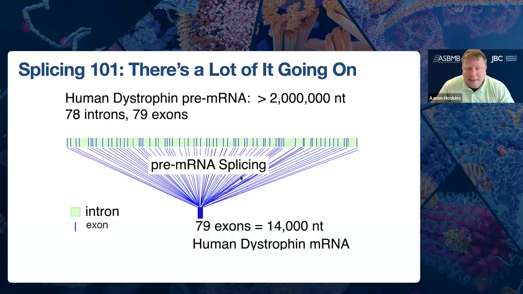However, the spliced messenger RNA is still very large, but it's only 14,000 nucleotides in size. That means over 99% of the sequence transcribed by RNA polymerase is intron and is removed by splicing. The stuff that is kept is only a very small amount of the total RNA that's transcribed, and only a small amount of the total gene as well.